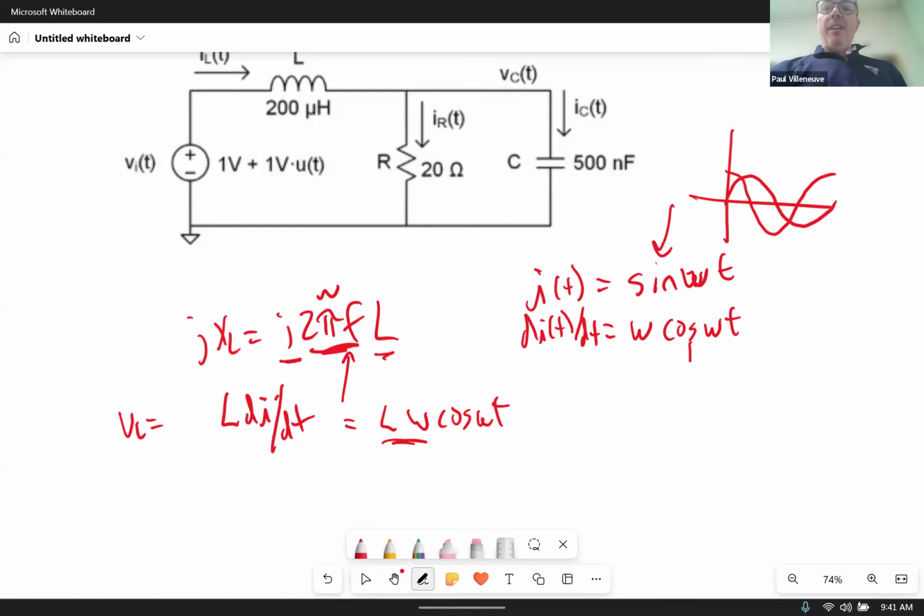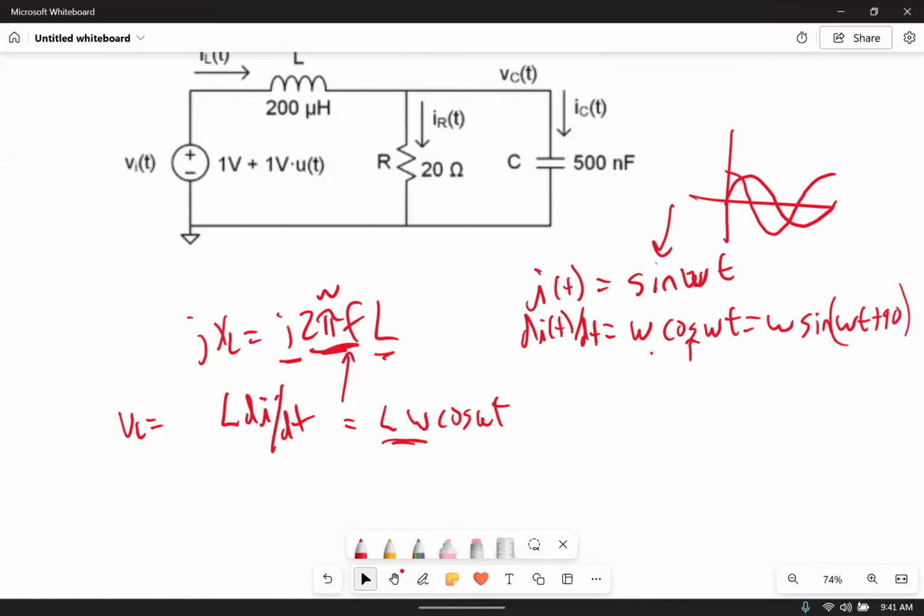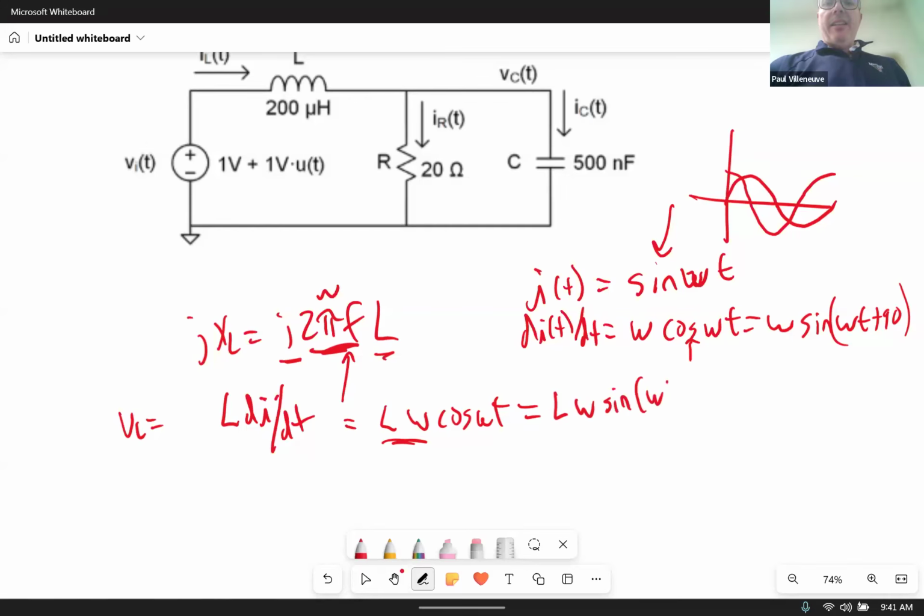Isn't a cosine wave really just a sine wave that's been phase shifted by 90 degrees? Yes, it is. So this is equal to L omega sine of omega t plus 90 degrees, right?